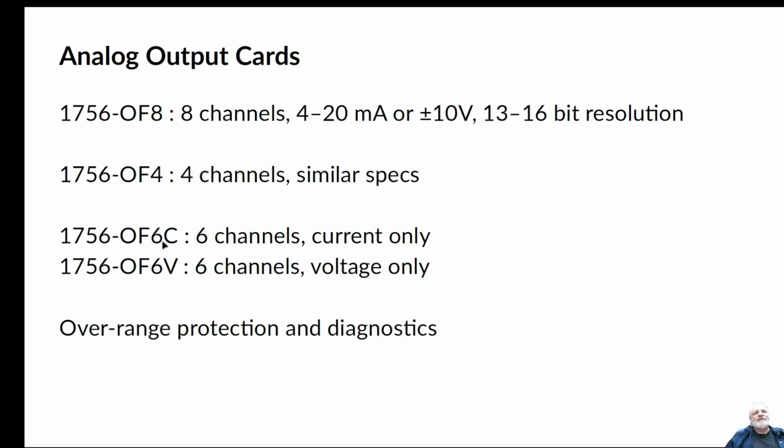We have the OF6Cs in our PLCs, so they have 6 channels, but they only output current, so you can't output a voltage. And again, that current is going to be 4 to 20. Technically, it's 0 to 20 milliamperes.